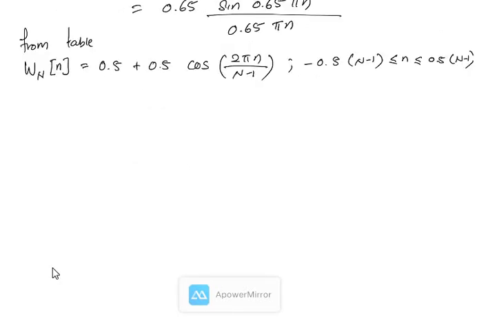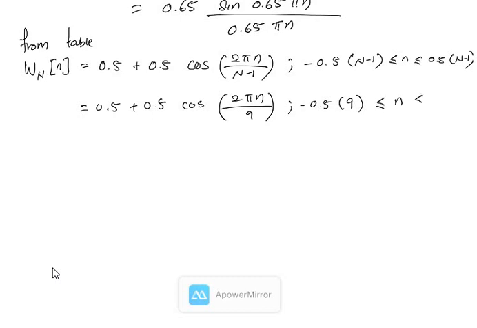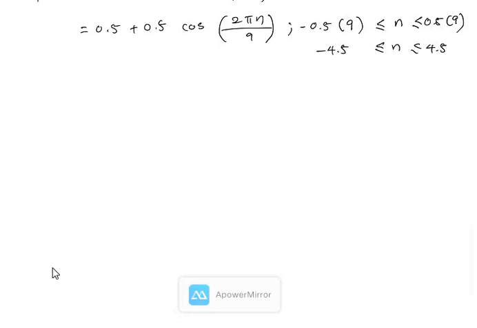And this is equivalent to 0.5 plus 0.5 cos(2π n over 9), for the range of negative 0.5 times 9 to 0.5 times 9. So this is from minus 4.5 to 4.5. Okay, and then we draw a table.